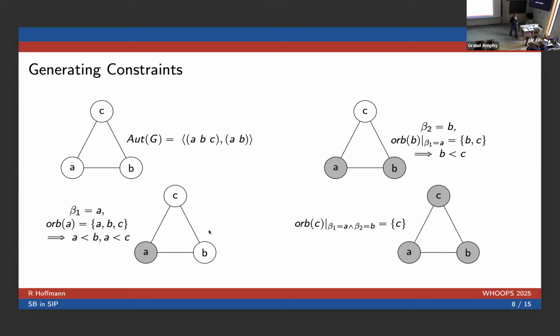That doesn't actually make a difference for CP, because CP has a propagator that you throw all of the order constraints into, and what it actually does is rewrite the order constraints into an acyclic structure. It's not like in SAT, where if you throw in a bunch of extra clauses, they take time to propagate.